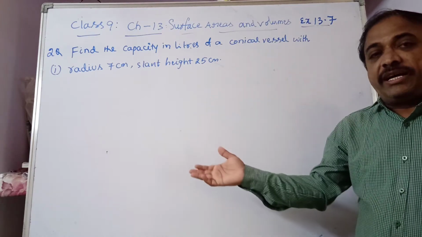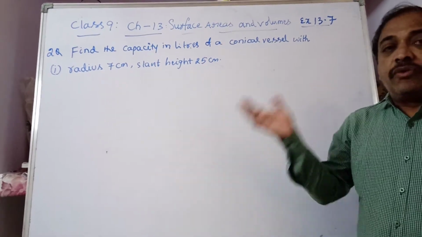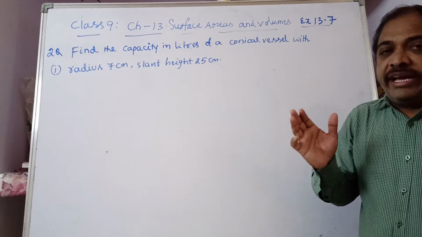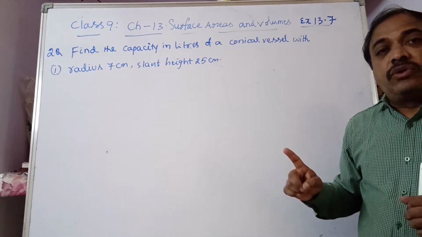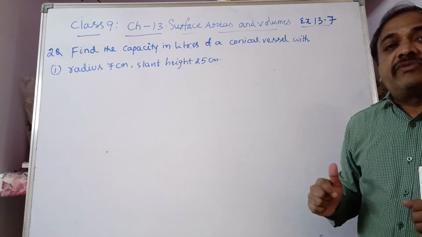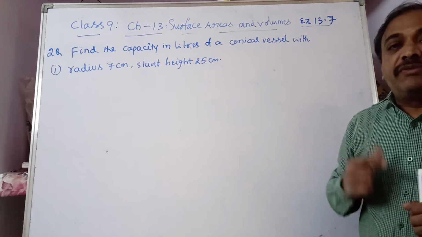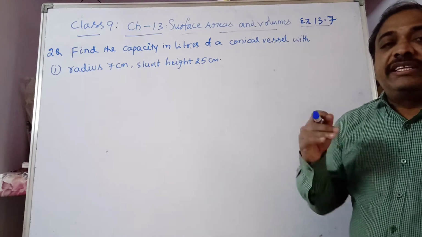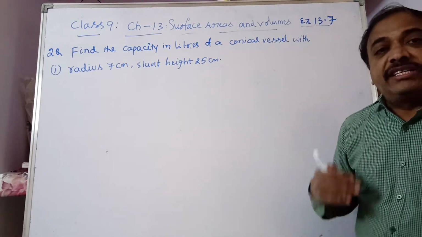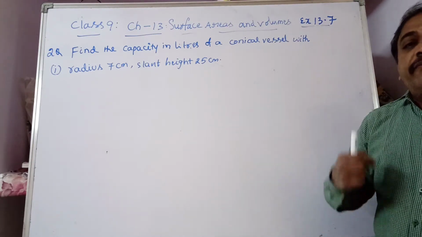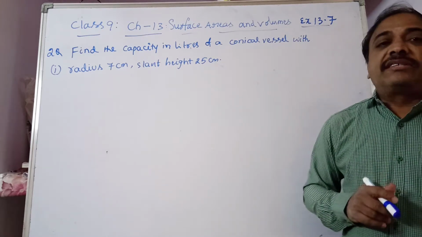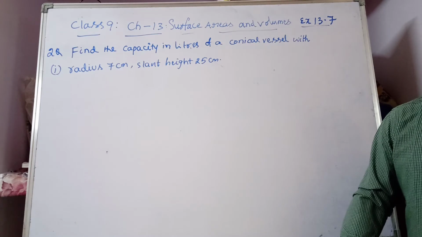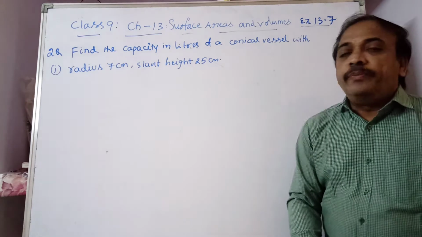So the volume of the cone is 1/3 pi r square h, and this is the formula to calculate its volume. Now we are going to discuss Exercise 13.7, question number 2.